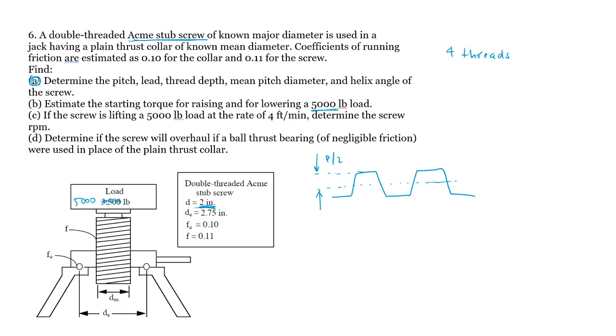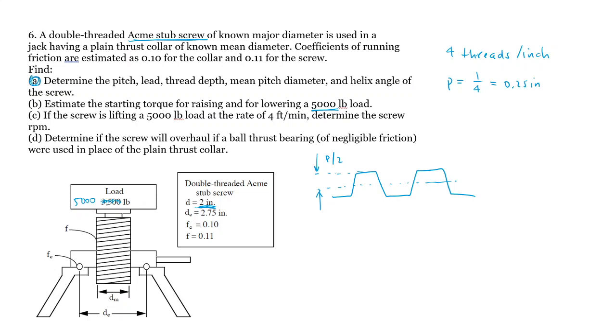They're going to have 4 threads per inch. So you just Google this and you find that out. Depending on the diameter, you're going to find the number of threads per inch for Acme screws. So that's the first thing that you need. Why? Because if you know that there are 4 threads per inch, it means that the pitch is 1 inch over 4 threads, each one of 0.25 inches.